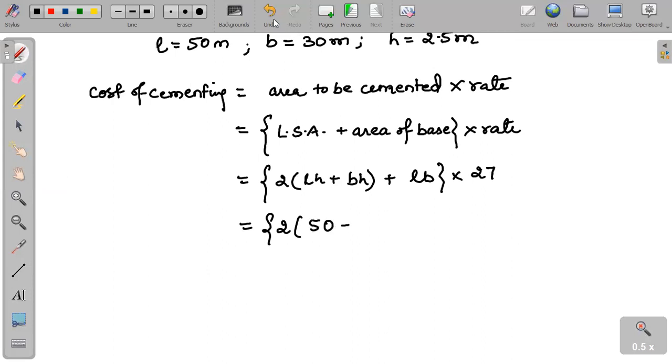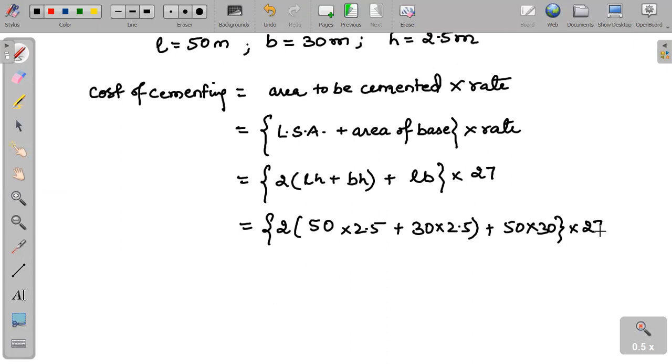50 into 2.5 plus 30 into 2.5 plus L into B, 50 into 30, into 27. Yes, beta.